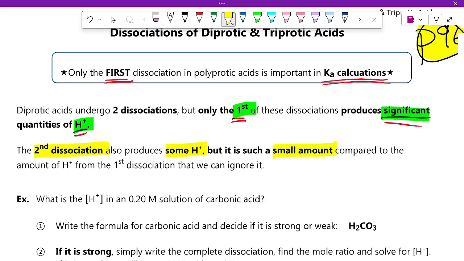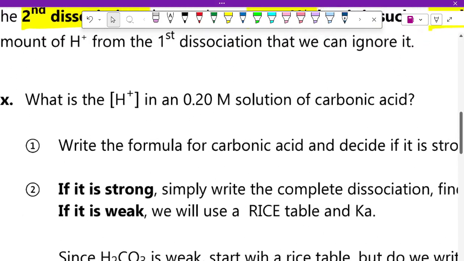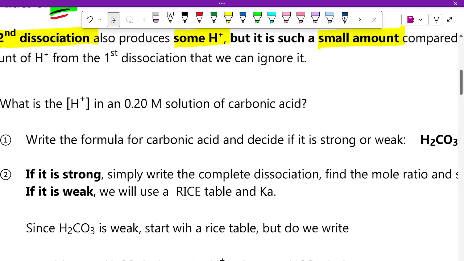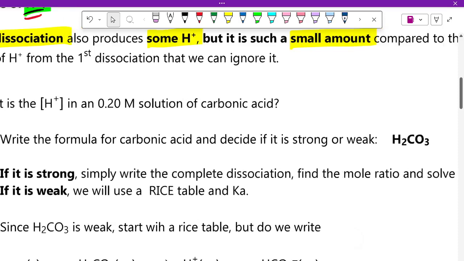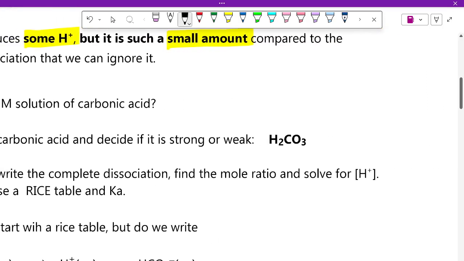So if we are doing something like, what is the H+ concentration in a 0.2 molar solution of carbonic acid? You write the formula of carbonic acid and you decide if it is strong or weak. Is it strong or is it weak? Carbonic acid. Go look on your table if you don't know.